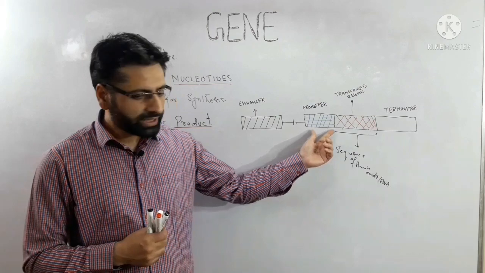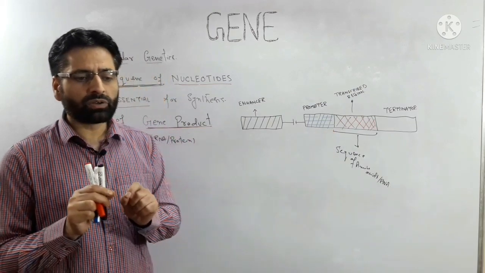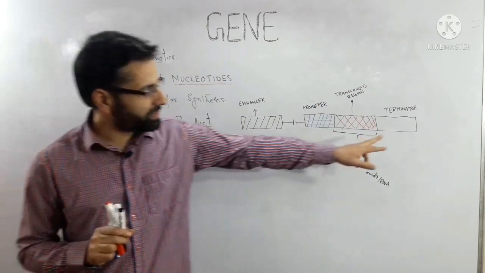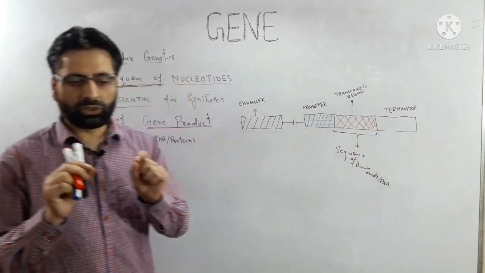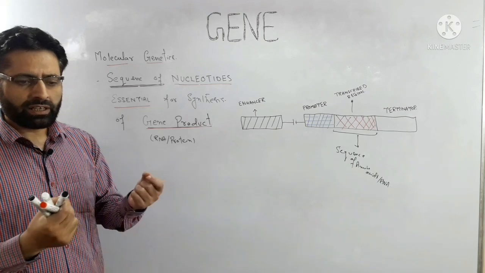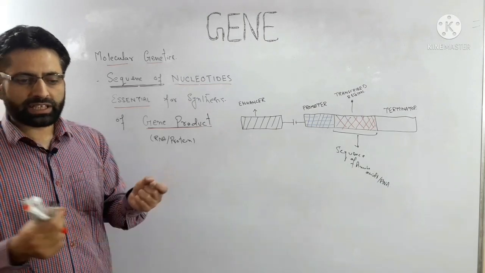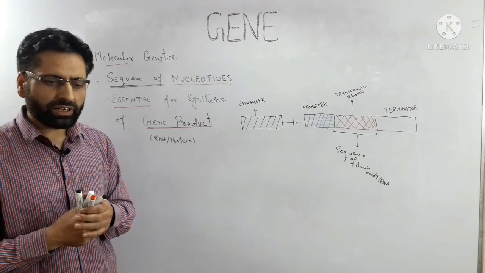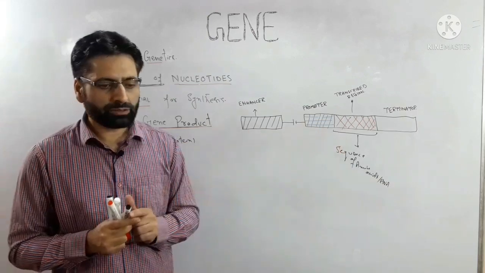Again, the sequences in this promoter region are non-coding. And we have this terminator region where we have nucleotide sequences. These nucleotide sequences signal the release of the newly synthesized RNA strand and release of this transcriptional machinery.